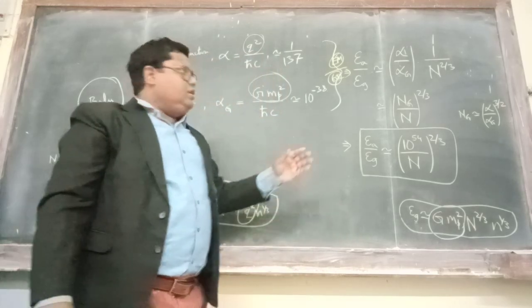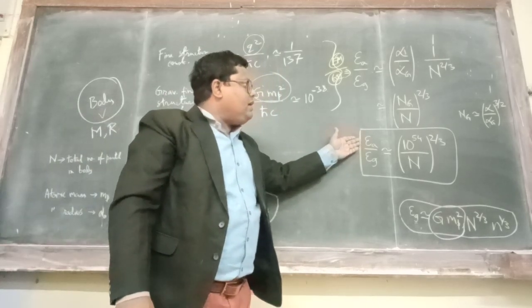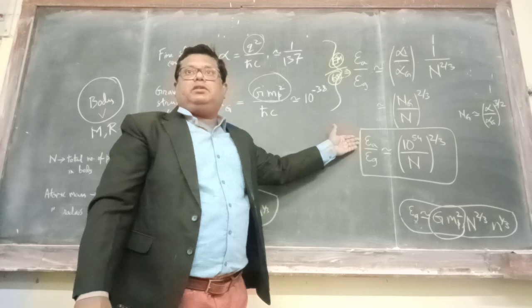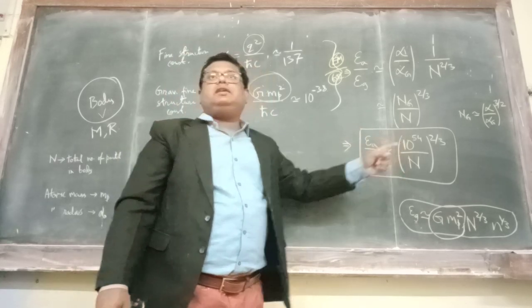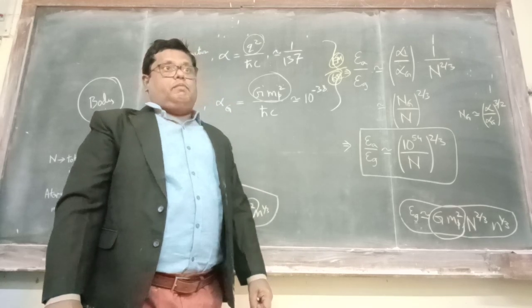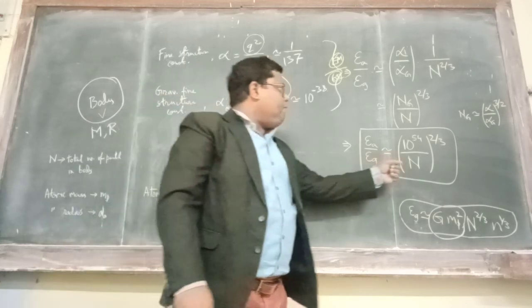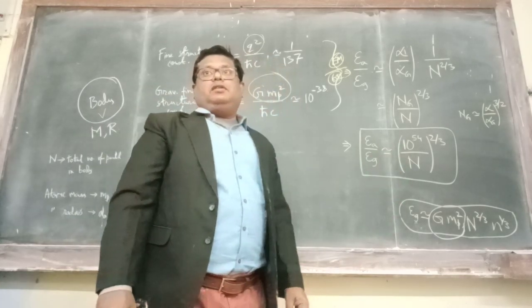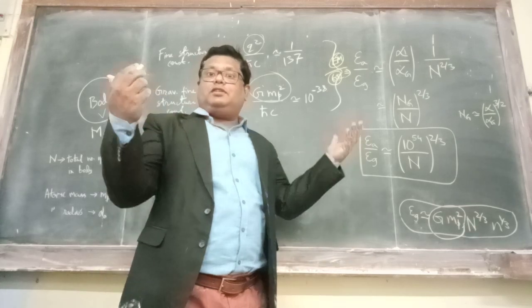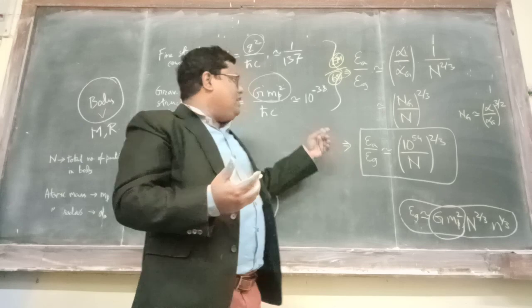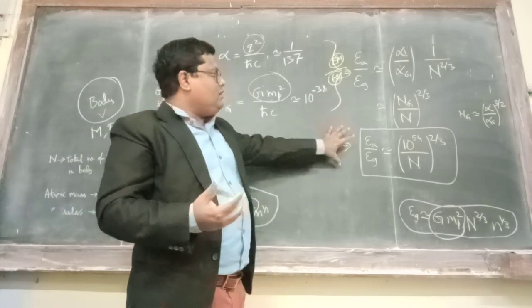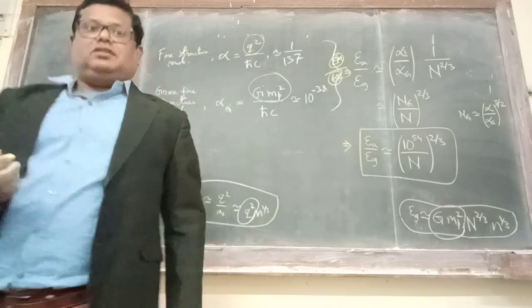So overall, when will electromagnetic interaction become important? When n is smaller than 10 to the power 54. But the moment n approaches this value, then our poor child will start becoming important. Okay. So now let me show you some important results to appreciate.